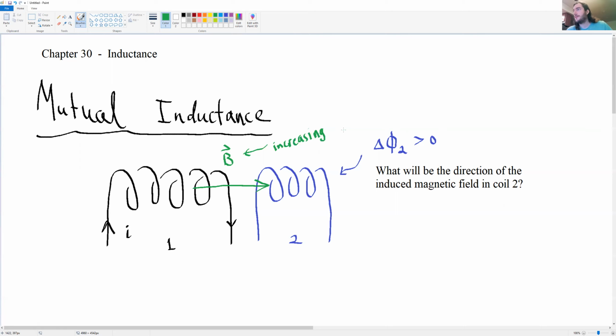Okay, we have two answers now. I am asking for the direction of the induced magnetic field, not the induced current here.